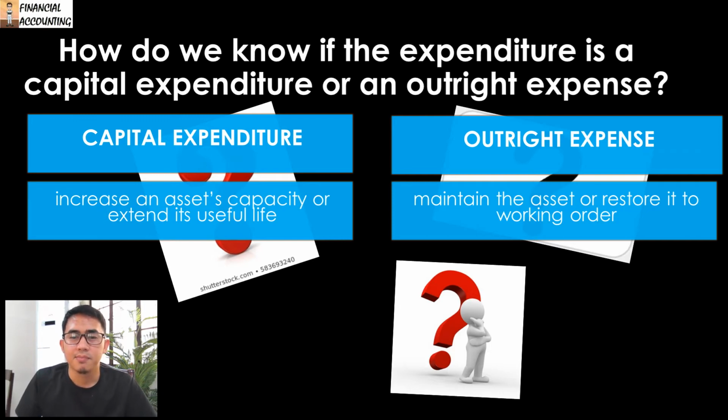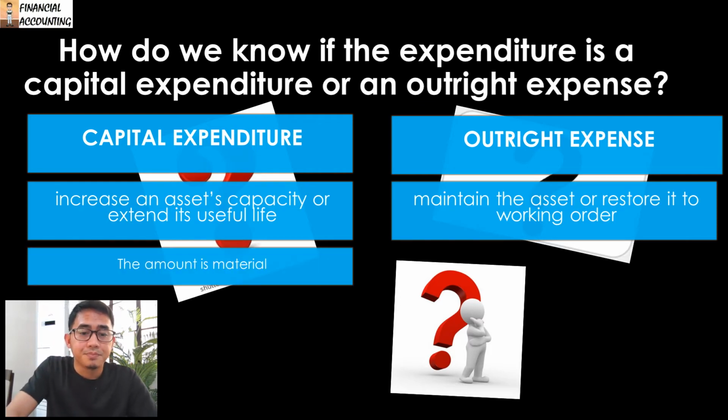But if you just maintain the asset, or restore it to its working order, like for example in your building, you just repair the doorknob, or you just replace the bulb, or you just fix the windows, to restore it to working order, then that is an outright expense. That should be recorded as a repairs and maintenance expense.